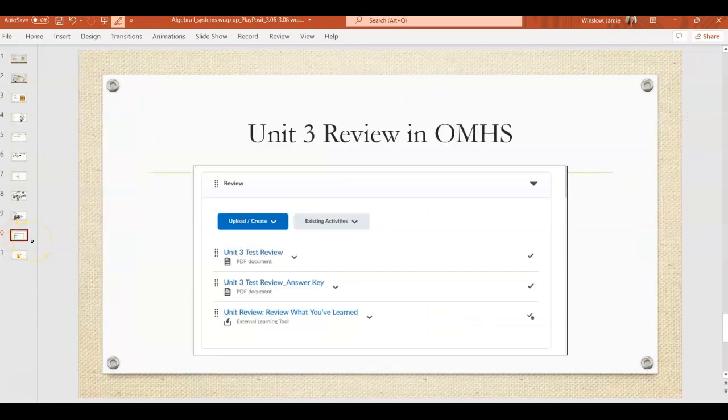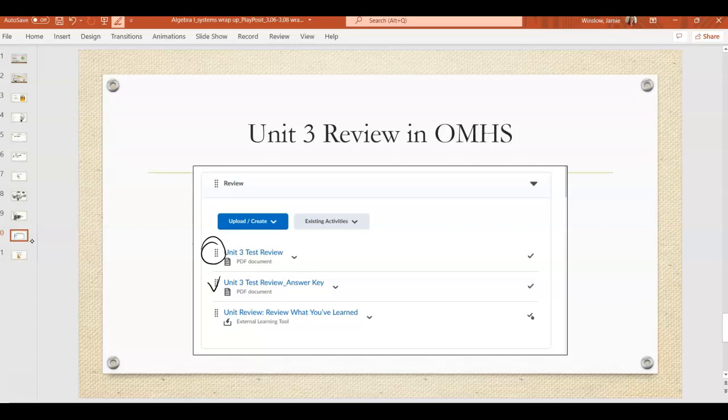I wanted to point out something for y'all in Unit 3. I have an actual added test review for you, and there is an answer key. Once you've visited and completed the test review, the answer key will open for you so you can check your work. This is not an end-all, be-all, complete review, but I wanted to start adding more review for you. So what I recommend is going to your gradebook, looking at the Unit 3 items, and looking at every single quiz.